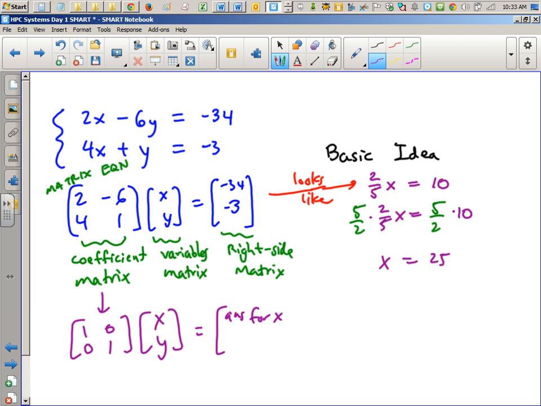If I can find that magic something that undoes 2, -6, 4, 1, I'll apply it to both sides, and I'll end up with 1, 0, 0, 1 here. And my answer for x and y chilling on the right, because 1, 0, 0, 1 times xy is just plain xy. It really is like the uno, the 1 in the world of matrices.